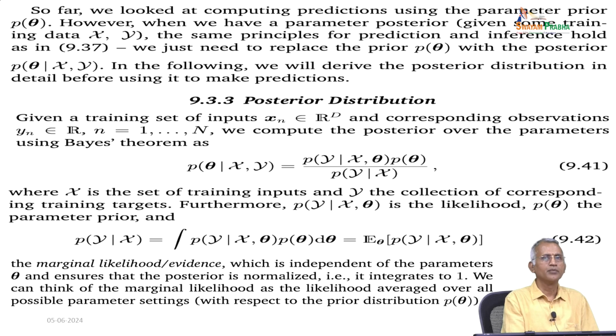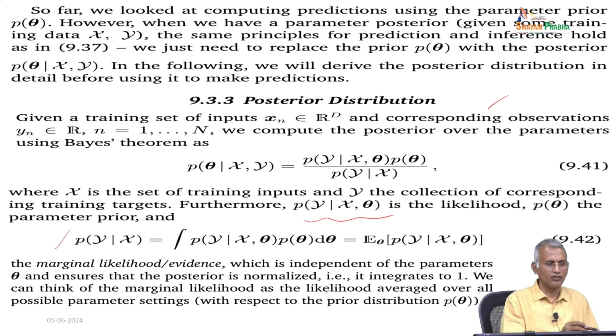So, for the posterior distribution, given a training set of inputs x n in R d and corresponding observations y n in R, where n varies from 1 to N, we compute the posterior over the parameter theta: p of theta given x comma y is equal to p of y given x comma theta into p of theta by p of y given x, where x is the training input and y is a collection of corresponding training targets, p of y given x comma theta is the likelihood, and p of theta is the prior.